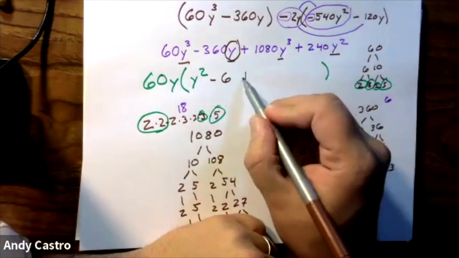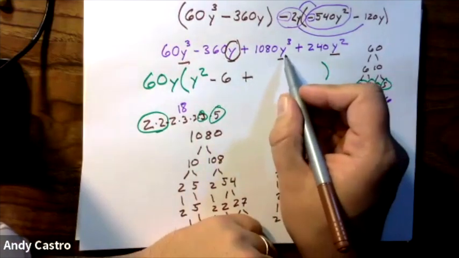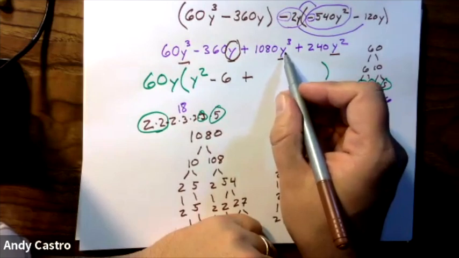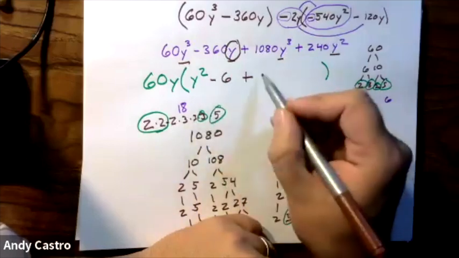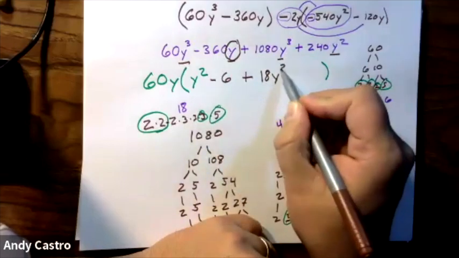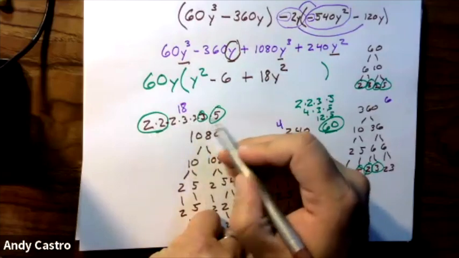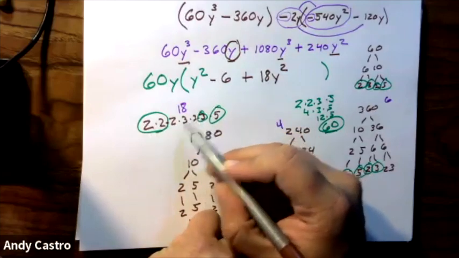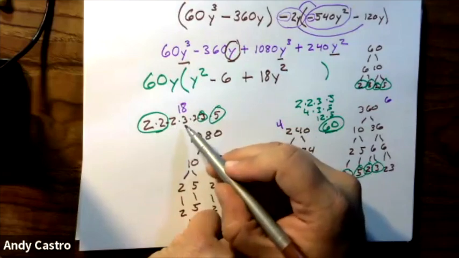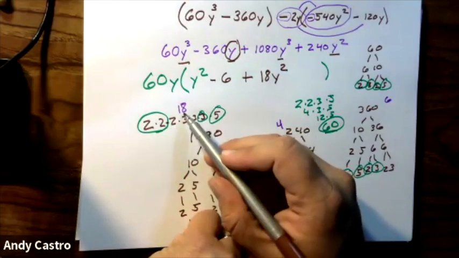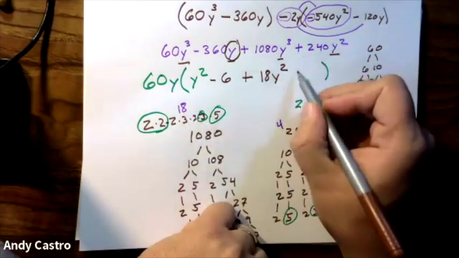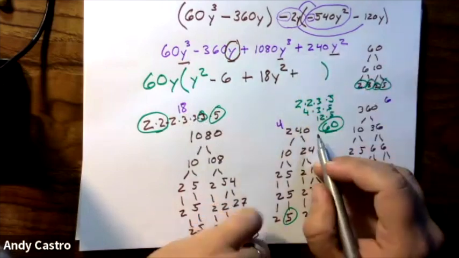Plus 1080. If I pull a y out of the y cubed, I'm going to be left with y squared. And we calculated that I would be left with 18. If I pull the 2 2s, the 3, and the 5 out, I've got a 2, a 3, and a 3. Multiply that together. 2 times 3 is 6, times 3 is 18. Then finally, plus 240.